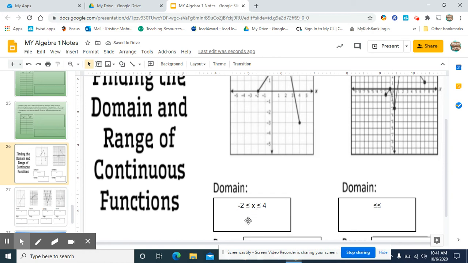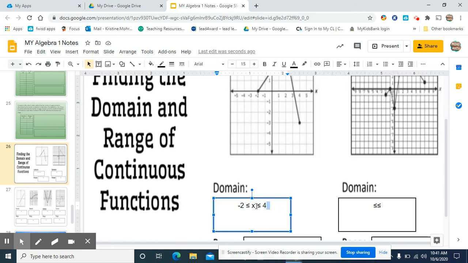So how you read this is you'll say the domain is all real numbers greater than or equal to -2, because X is greater than or equal to -2, or less than or equal to 4. So basically, this is split apart into two phrases. We're going to put X first, and you see the opening is for that one going towards X. So it's greater than or equal to.